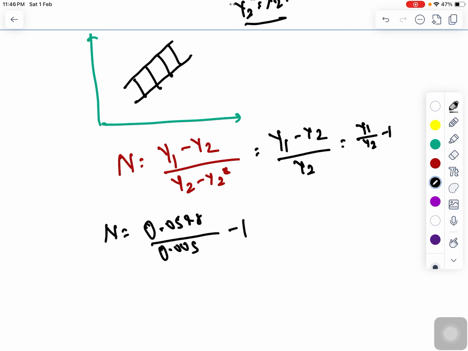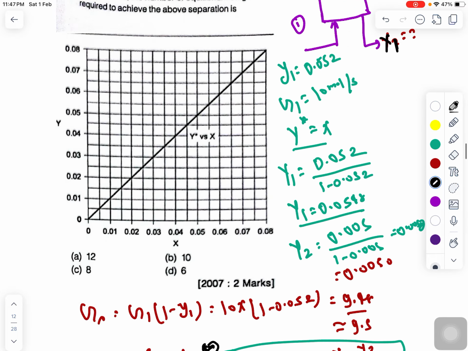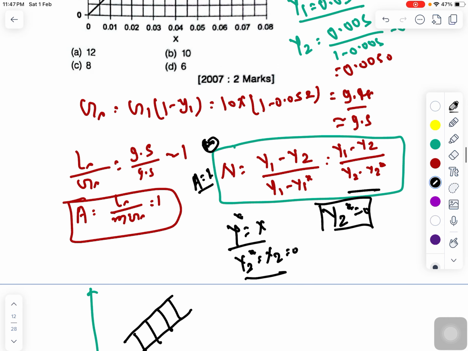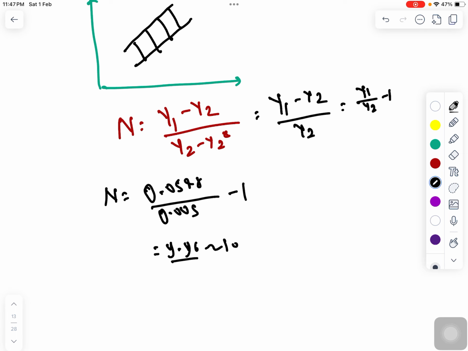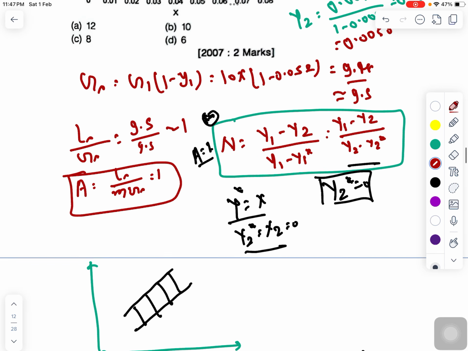If you calculate these things, 0.0548 divided by 0.005 minus 1, this value you will get is 9.96, something like that. That is approximately equal to 10. So the number of ideal stages required here is 10.